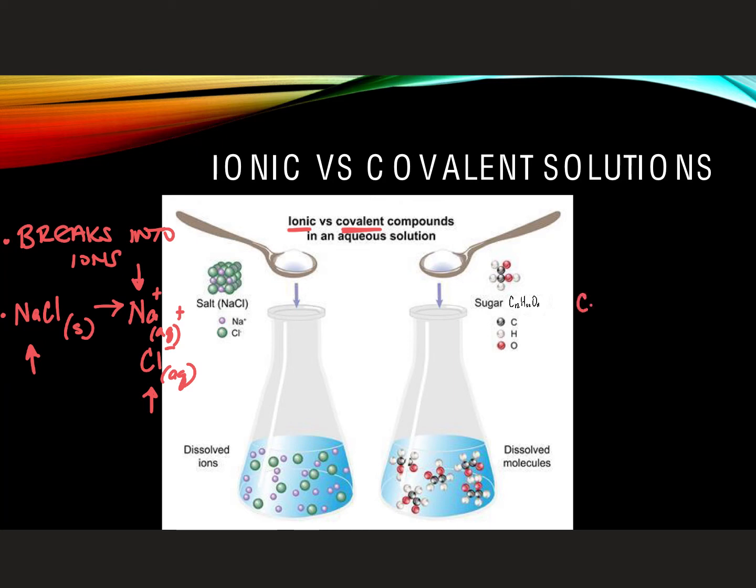If I take that solid sugar molecule and put it in water, it stays the same, C12H22O11. Now instead of a solid, it is aqueous, which tells me that it has been dissolved into water. So dissolved ions when you have an ionic compound, dissolved molecules when you have a covalent compound.